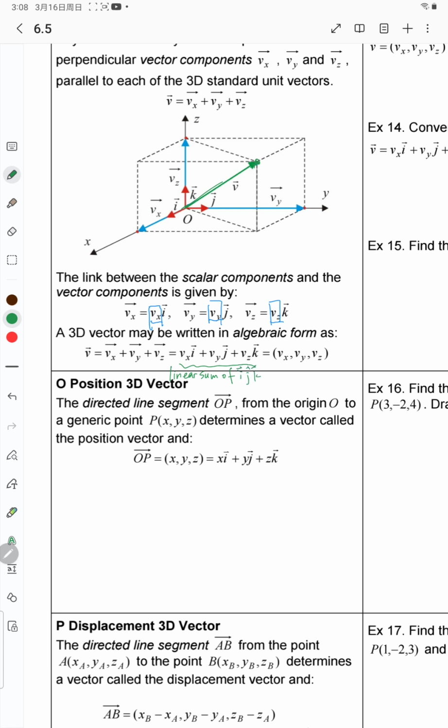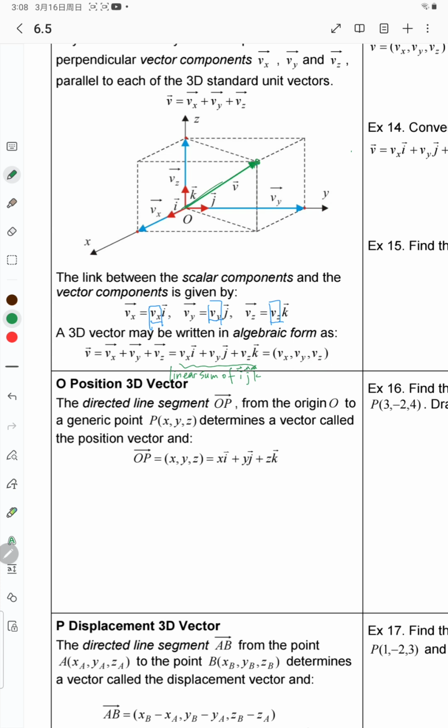So write out a vector as a linear combination of a set of coordinate vectors i, j, k, right? And then in front of i, j, k, the scalars Vx, Vy, Vz would just be the magnitude on these coordinates. And then you can also just write it out in this form, okay? So I think it is obvious.